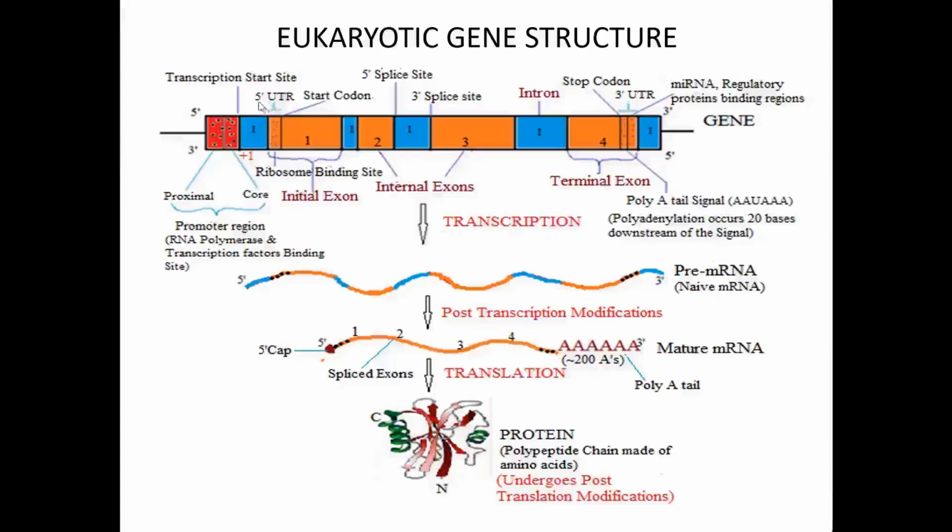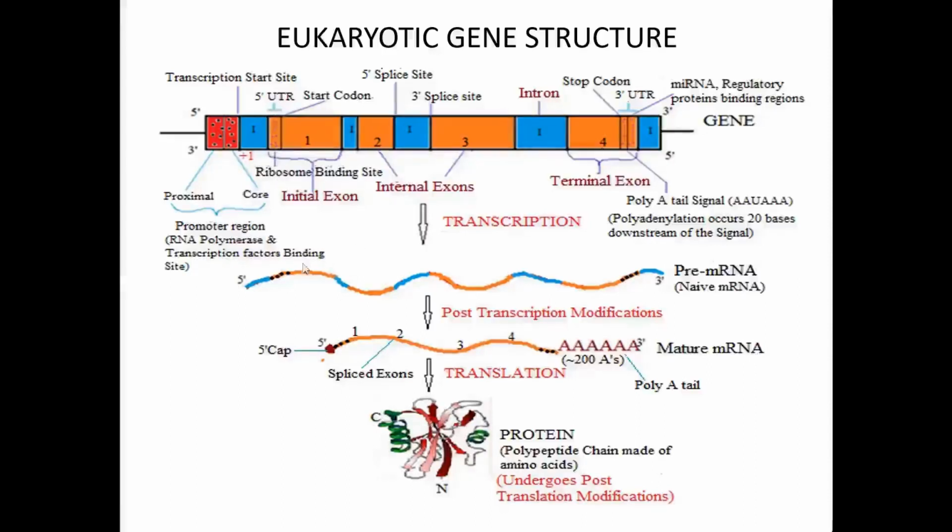We see regions called 5-UTR and 3-UTR on either end. Here UTR is untranslated region. These regions are transcribed to form the mRNA, but they are not translated when the protein formation occurs. This 5-UTR region contains sequences for ribosome binding.